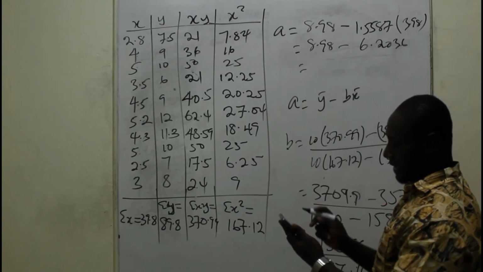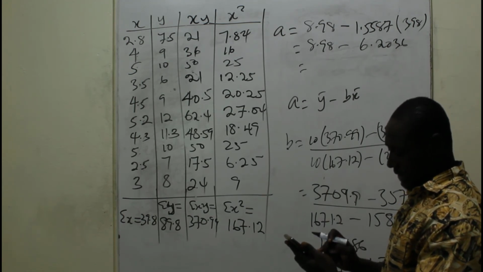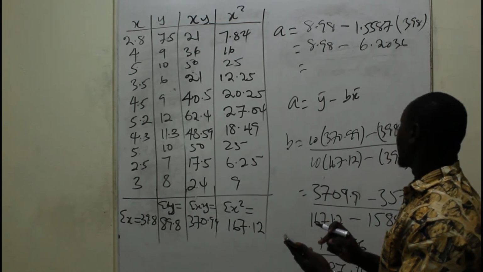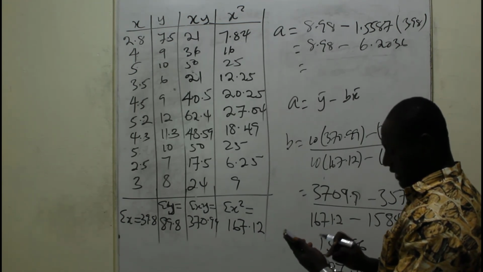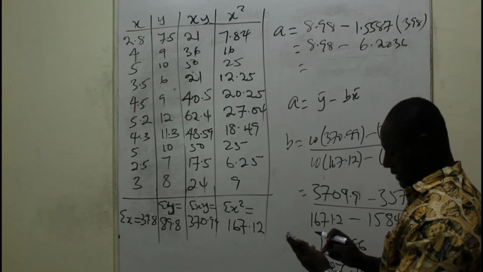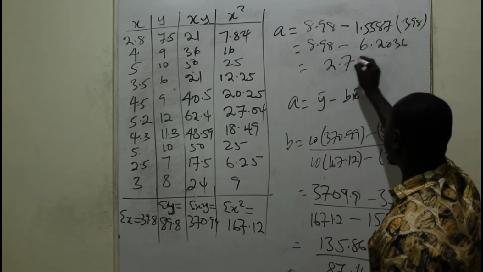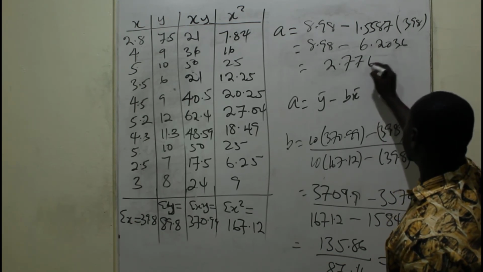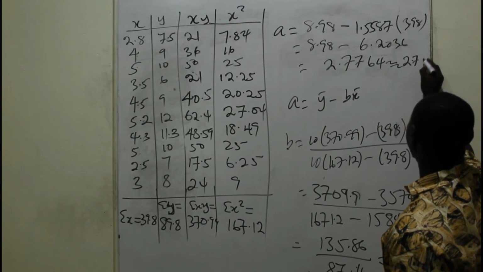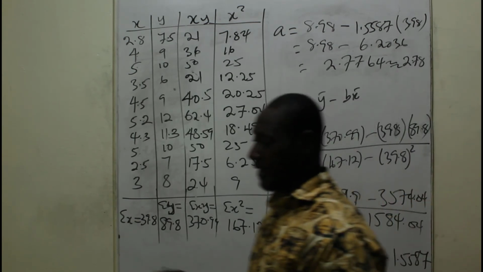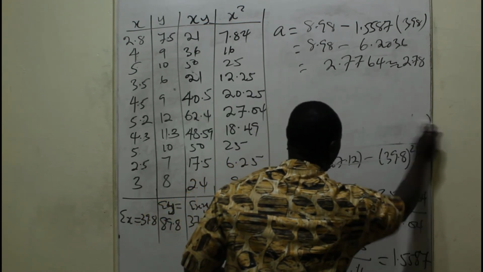When we take that away from 8.98, 8.98 minus 6.2036 gives us 2.7764, and that is approximately 2.78.